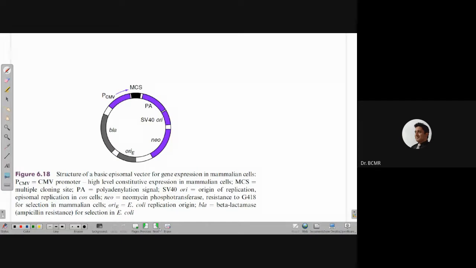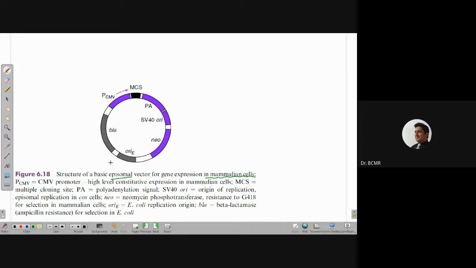So there are several other similar expression vectors for mammalian cells. I'm not going to go into depth, but I hope you will be able to understand. This one has to grow. It is an episomal vector. I hope you remember what an episome is. An episome is a replicating system that is not integrated into the host genome, but exists in the cell.